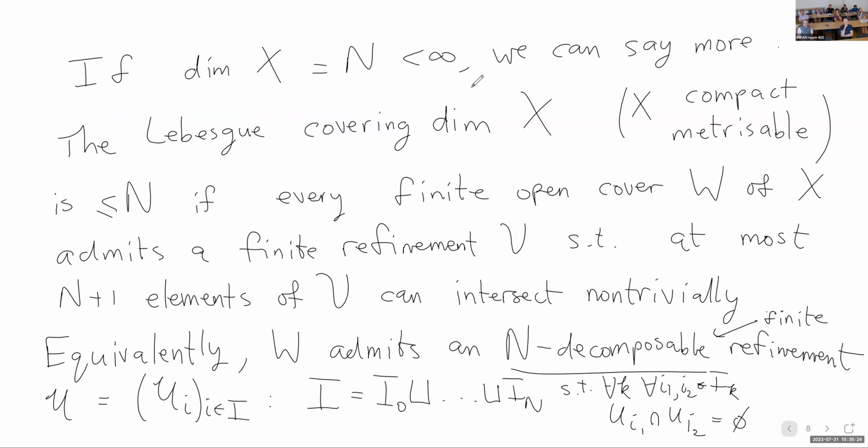The fact that we can find a refinement such that no n+2 elements can intersect nontrivially, that's the definition of Lebesgue covering dimension, if you like. And I'm saying it's equivalent to this description in terms of n+1 colors. So for finite dimensional manifolds, the dimension of a manifold coincides with this. Yes, absolutely.